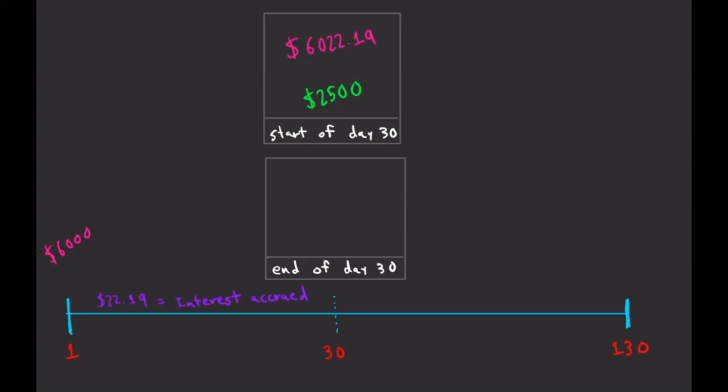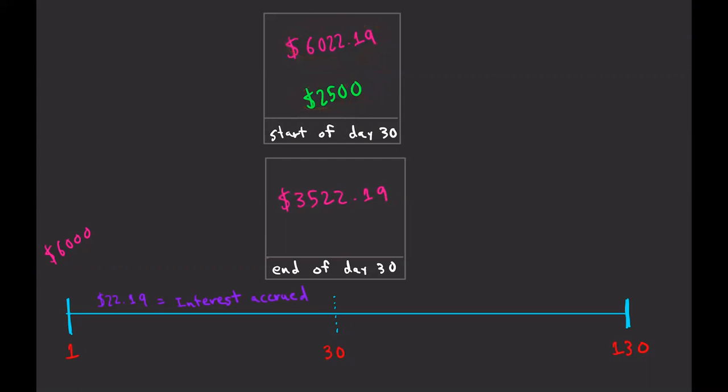And that amount at the end of day 30, as we've calculated before, it's just this amount that I owed in the beginning, but then we paid off. Here, let's go ahead and do this. Yeah, well, we paid off this 2,500. And so now the amount that I owe is that 3,522.19. It's just the difference between this and this.